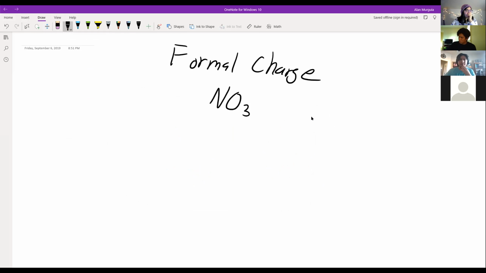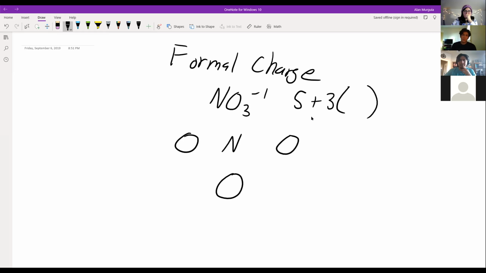Just -1. -1, right? So right now, let's write down the elements that would take up the Lewis structure. So we have nitrogen and then 3 oxygens. Just write it out like this. But before I get into it, how many valence electrons does nitrogen have? 5. And since we have 3 oxygens, how many valence electrons does oxygen have?